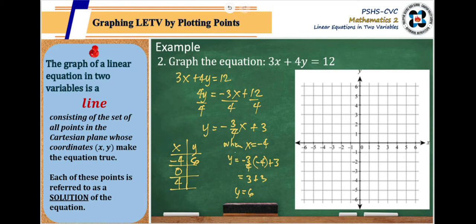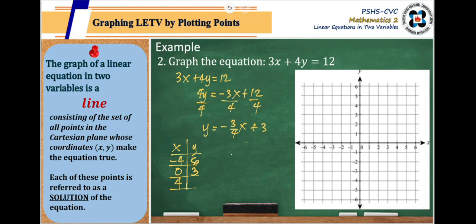We perform the same with the other values of x. What if the value of x is 0? Of course, we already knew that 0, 3 is a solution to the given equation. If we replace x with 0, you have negative 3/4 multiplied by 0. That's 0 plus 3. So you will have 0, 3 here.